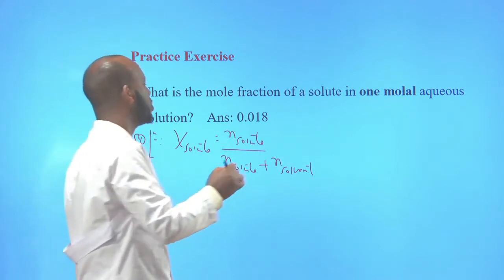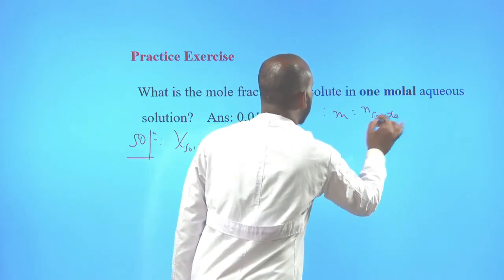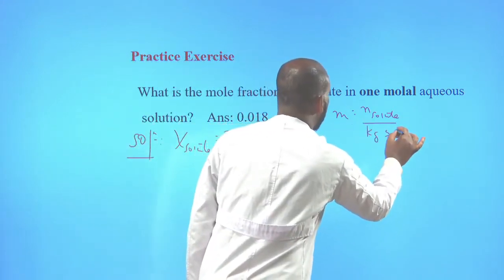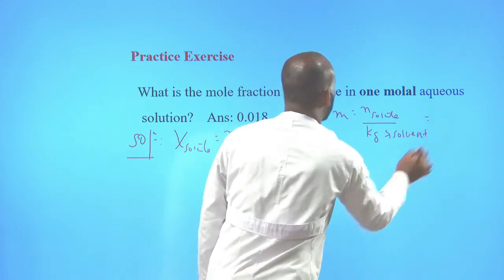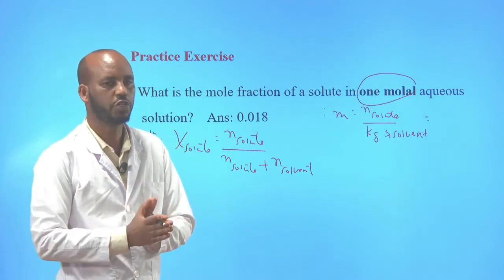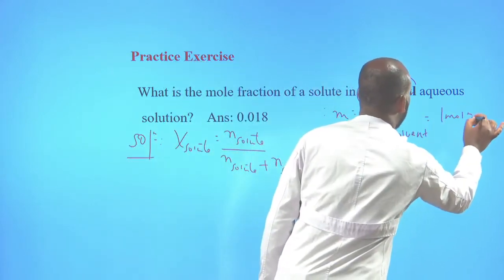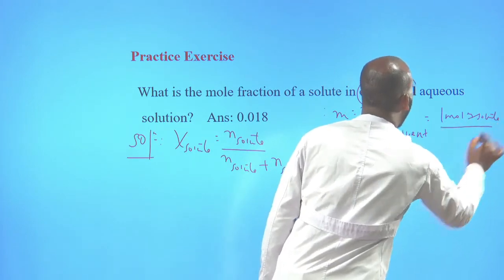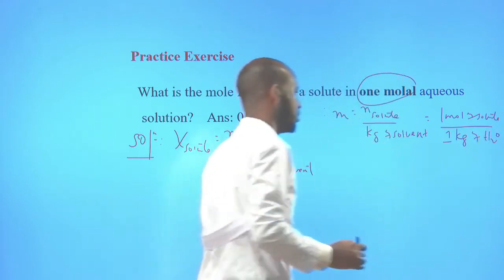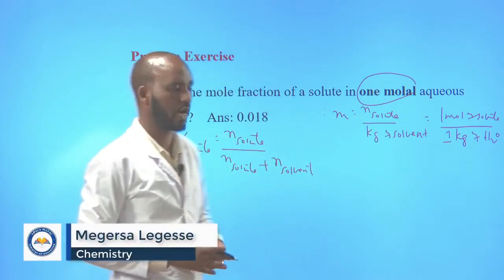As we said, molality is defined as number of moles of solute divided by mass of solvent in kilograms, which is 1 molal. 1 molal means 1 mole of solute is dissolved in 1 kilogram of solvent, 1 kg of water, because the solvent is water. It says aqueous solution.